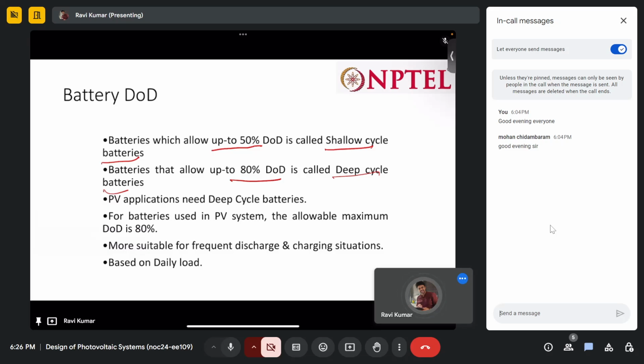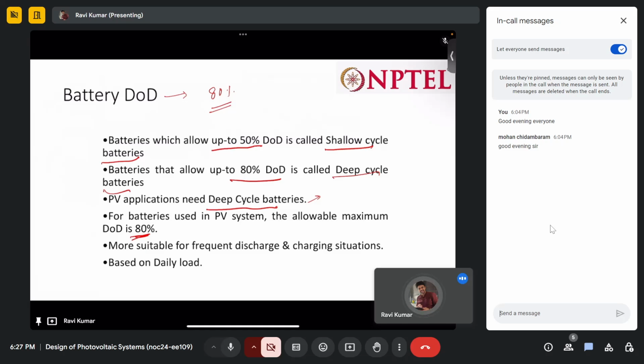So PV applications need deep cycle batteries because they will be cheaper for us. For batteries used in a PV system, the allowable maximum DOD is 80%. They are more suitable for frequent discharge and charging situations, and it is based on the daily load. So here we are considering a battery which should have 80% DOD.